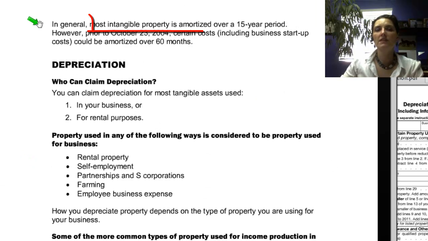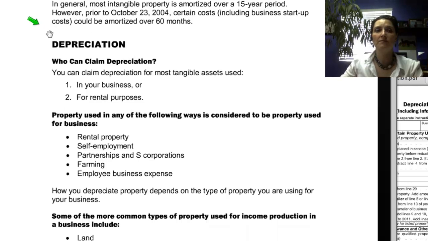In general, most intangible property is amortized over a 15-year period. However, prior to October 23, 2004, certain costs, including business startup costs, could be amortized over 60 months. Well, we're going to take these two different ways of recovering the cost of property in turn. That being, we're going to discuss depreciation and the rules surrounding depreciation first, and after we're done with our discussion of depreciation, we'll move on to another discussion that covers amortization.